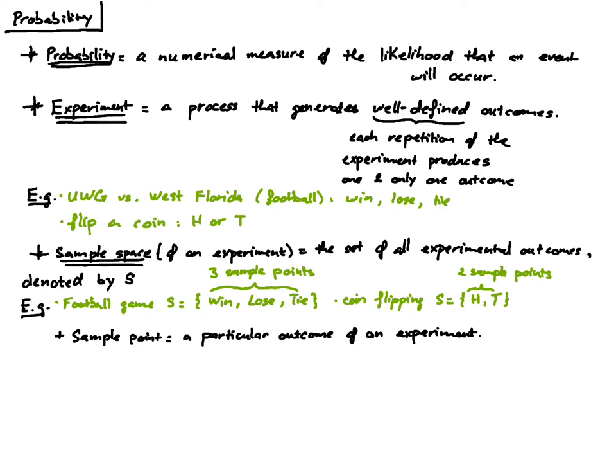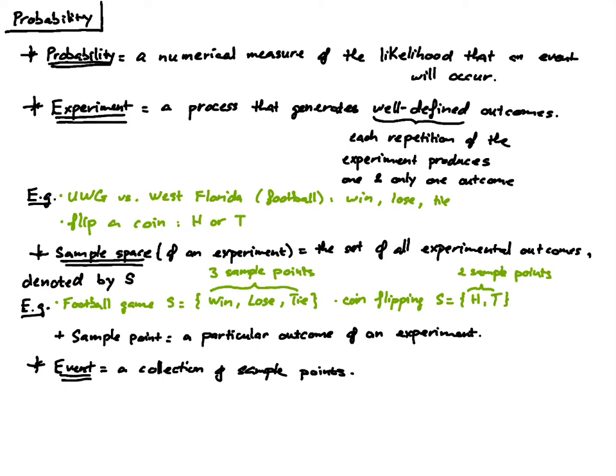And then finally, we want to define what an event is. So an event is defined as a collection of sample points. Now, what does this mean exactly, right?